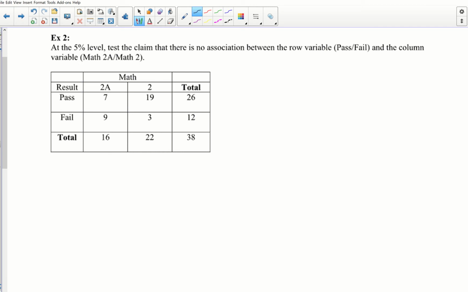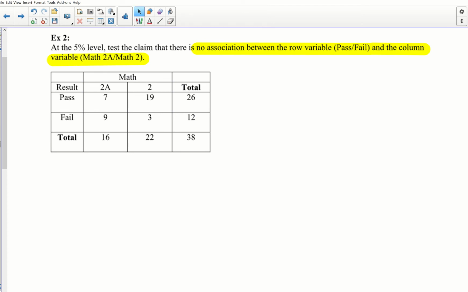So when it says test the claim of no association, that's a statement of the null hypothesis.